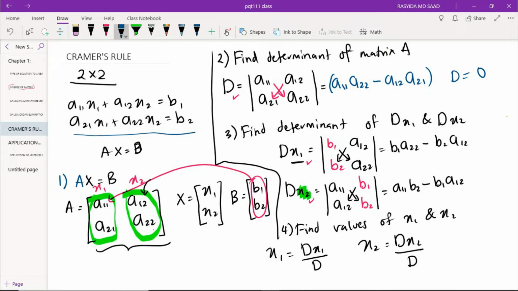Why? Because when the determinant is equal to 0, it means that a unique solution does not exist, or there is no solution.